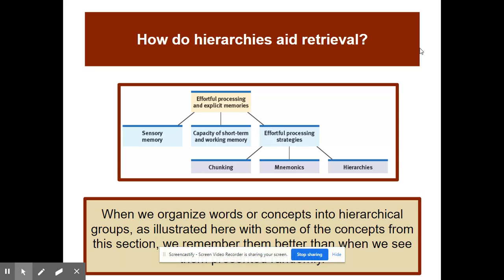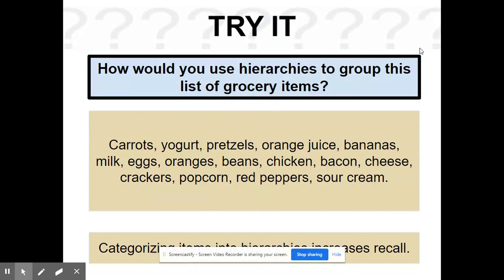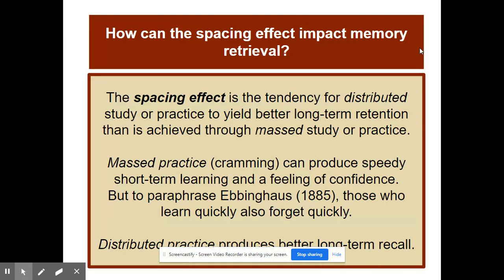How do hierarchies aid our ability to retrieve? When we organize words and concepts into hierarchical groups, they help us remember a lot better. The spacing effect impacts our memory retrieval.